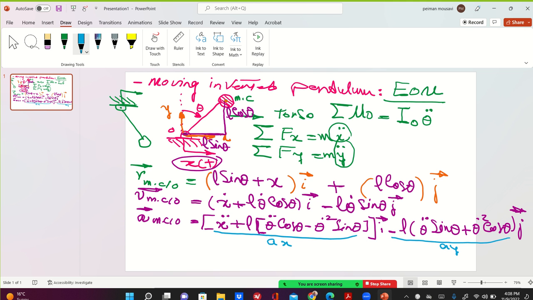So now you have this and this, but now you have to find the forces in x and y direction.